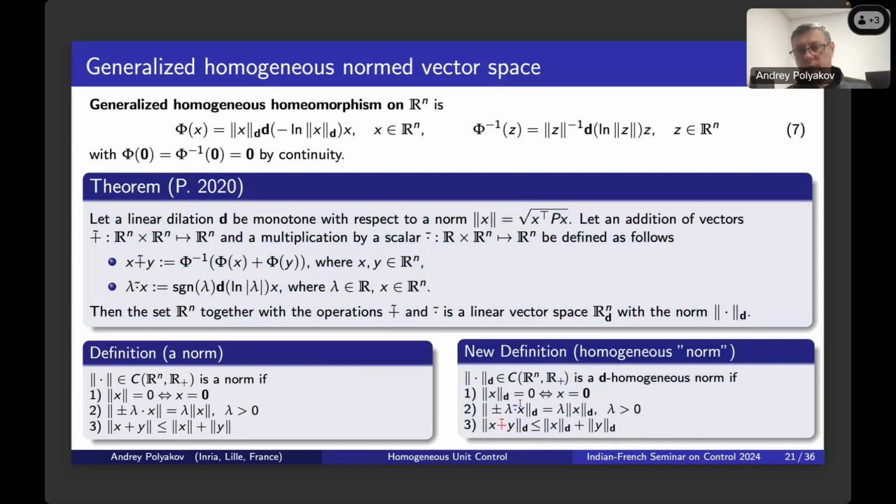So we have all these properties typical for a norm, but in the sense of different operations, multiplication by scalar and summation. Why is it useful?